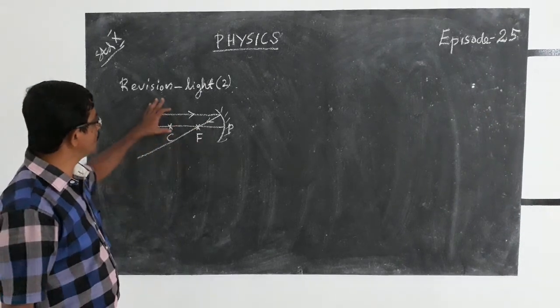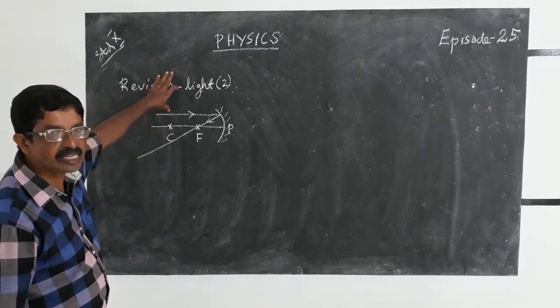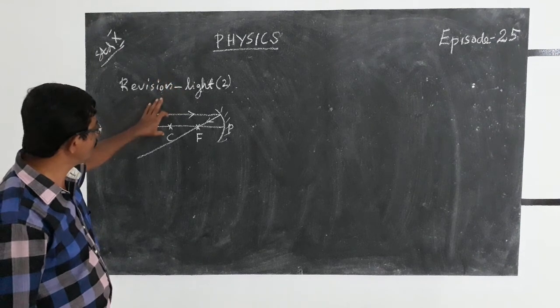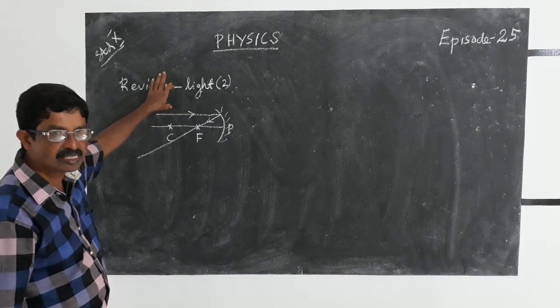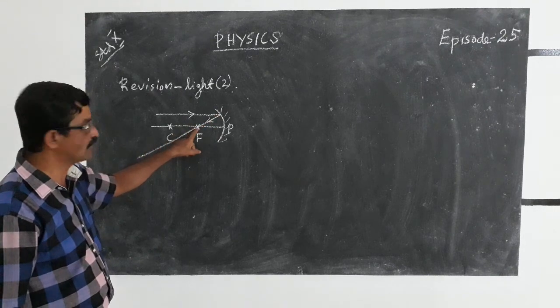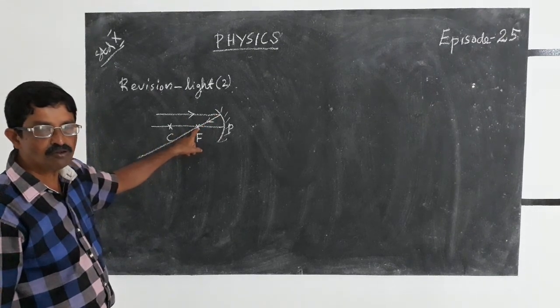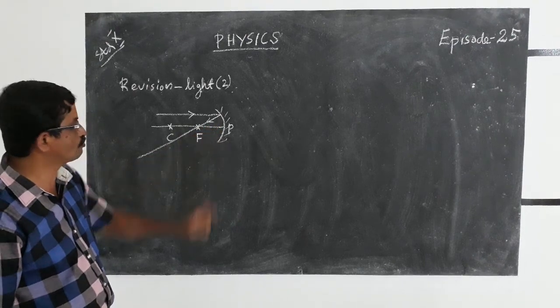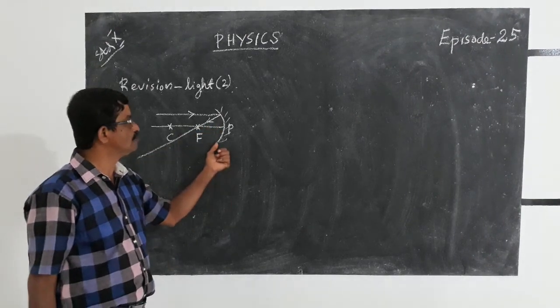Here you want to remember the incident ray is parallel to the principal axis, and the reflected ray passes through the principal focus in the case of a concave mirror.